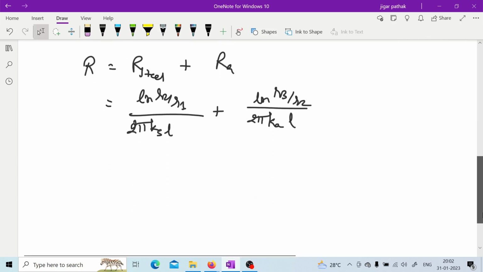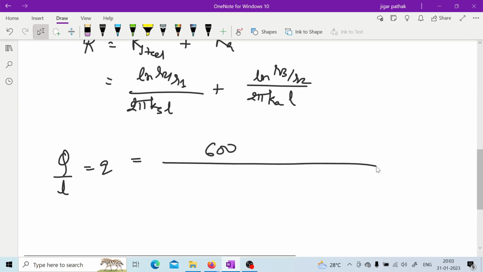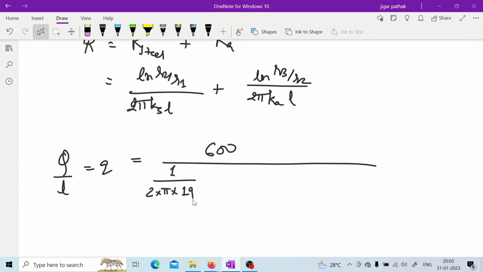So if I put all these values and directly write Q by L, which is asked, then it is 600, that is Ti minus To, times 1 upon 2 pi Ks, 2 pi Ks is 19, and Ln R2 and R1, we have 0.025 and 0.01. Then 1 upon 2 pi, this is 0.2, and again Ln 0.055 by 0.025.